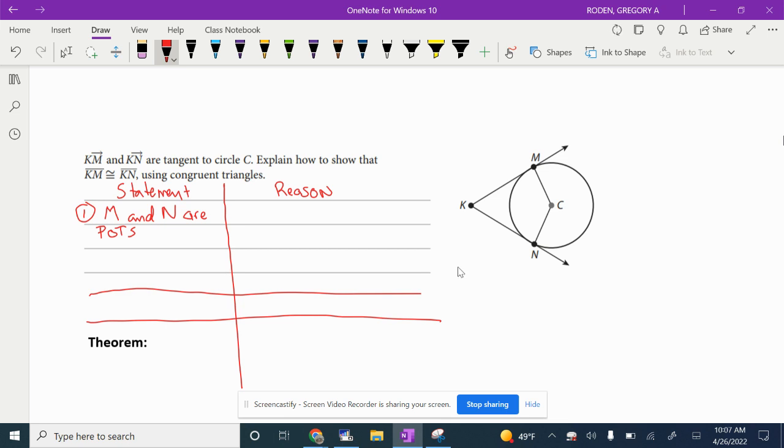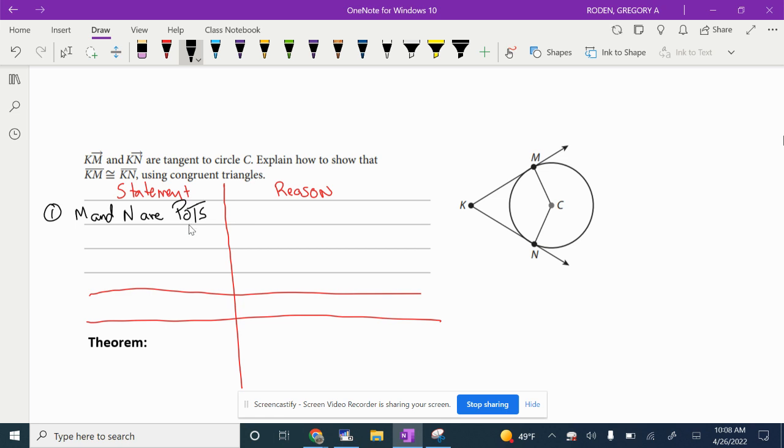Okay, so, Kaylee, pull me a stick on that. Why do we know that they are pots? I'm going to try to get this on one line. Tanner, why do we know that they are pots? What does pot stand for in geometry?